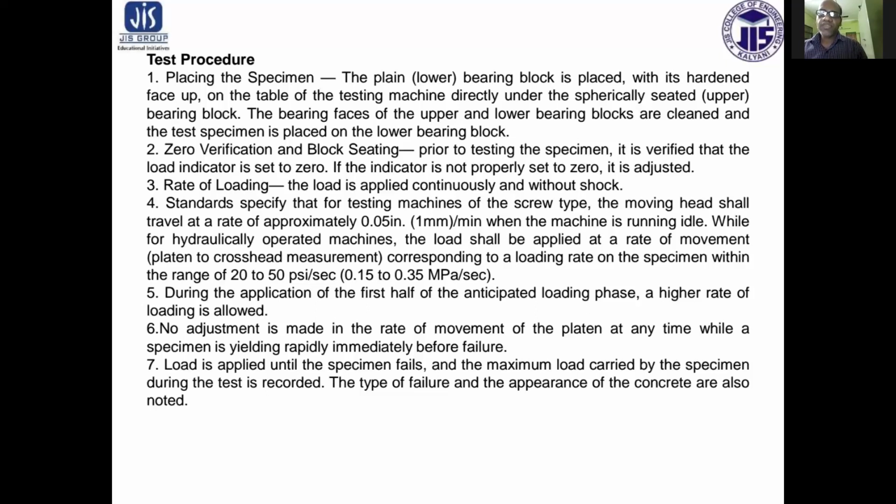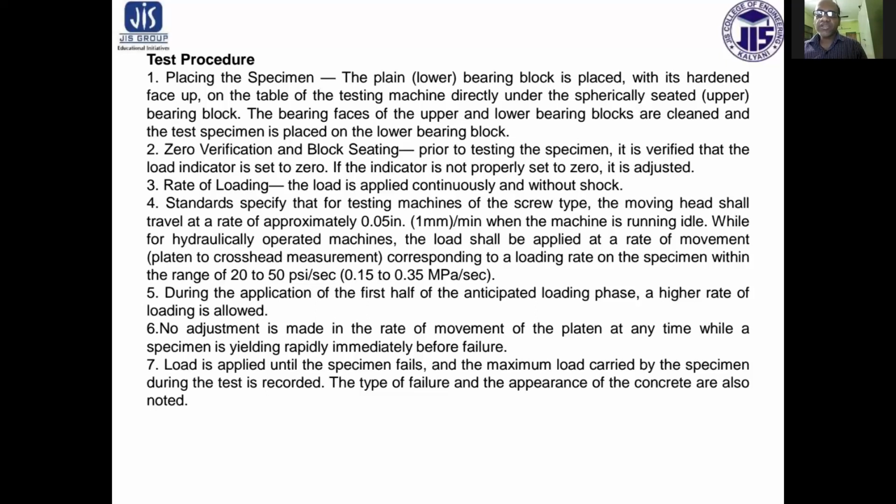Number 5, during the application of the first half of the anticipated loading phase, a higher rate of loading is allowed. Number 6, no adjustment is made in the rate of movement of the platen at any time while a specimen is yielding rapidly immediately before failure.